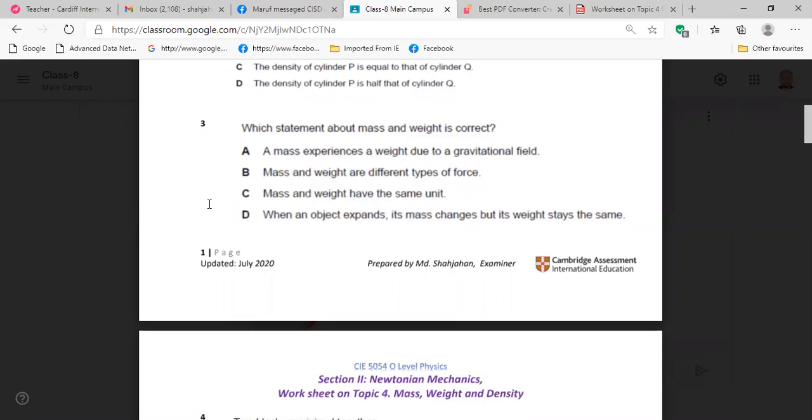Sir, number B. Bangladesh, you are saying mass is also one kind of force. No, it will not be force, sir. B will not be at all. So A remains. Yes, that's a good technique, good process.